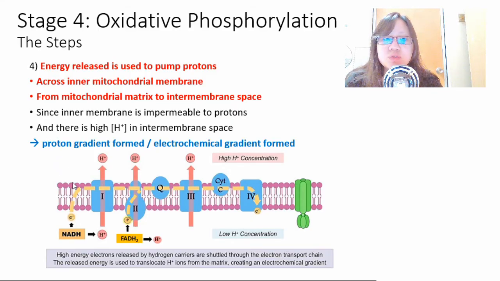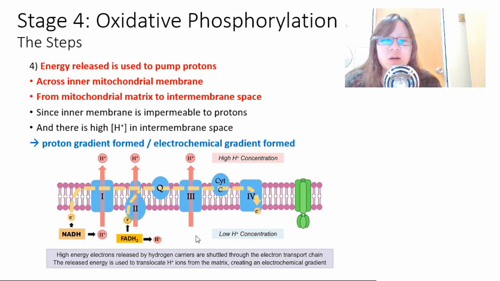Electrons pass through the electron transport chain, and the hydrogen ions use the energy released to be pumped across the inner membrane into the intermembrane space. Now realize in this diagram that NADH seems to be dehydrogenated at complex 1, whereas FADH2 is dehydrogenated at this number 2 membrane protein here.